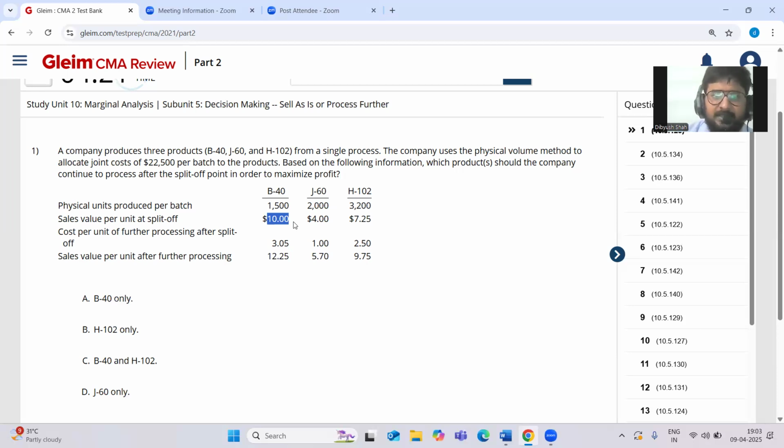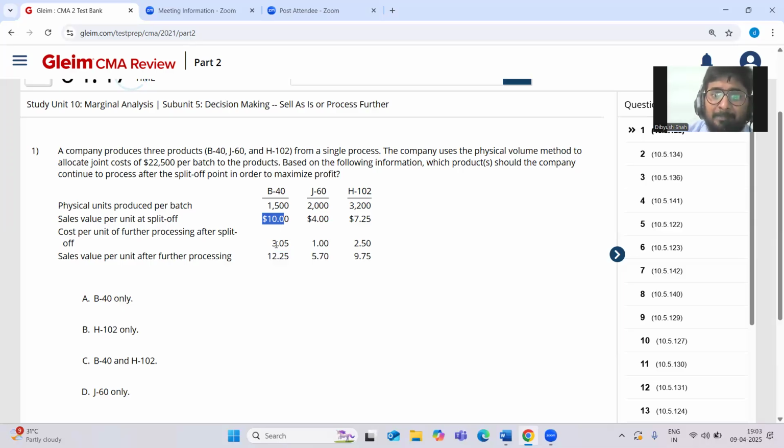Again, understand, the final sale value after further processing is 12.25. If I would have sold this product at split off, I would have got $10. So how much extra did I get because I processed further? 12.25 minus 10, that is $2.25 per unit.